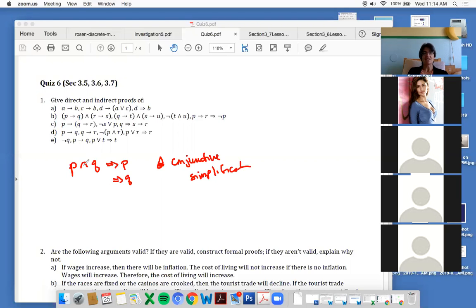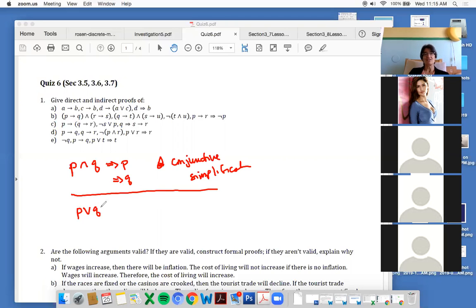If you have an and, then you separate them, which is really powerful. But if you have a disjunction, you can't separate them. P or Q doesn't imply that P is true, because Q could be true, or they could both be true. So it's not a clear separation.